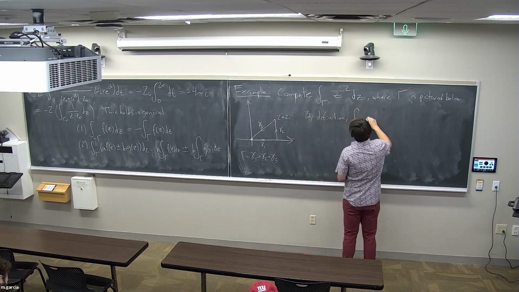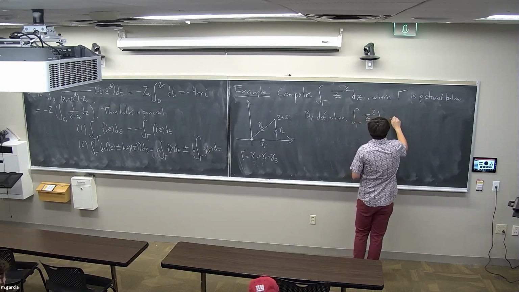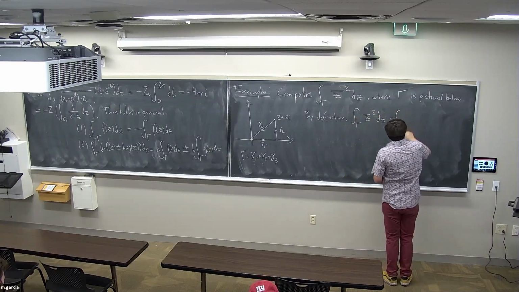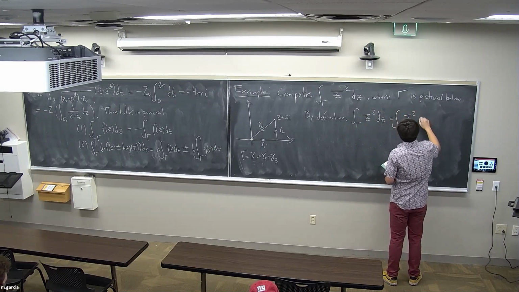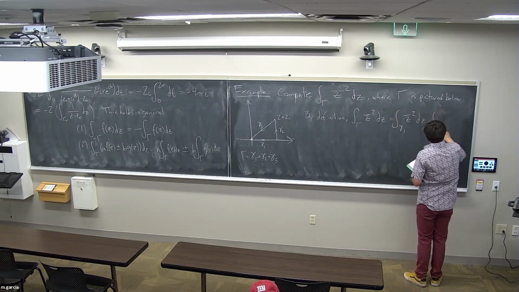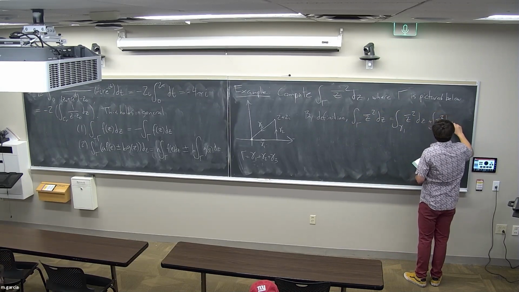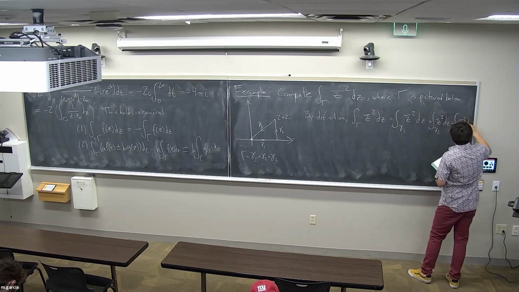The contour integral over gamma of z bar squared dz is equal to the integral over gamma 1 of z bar squared dz plus the integral over gamma 2 of z bar squared dz plus the integral over gamma 3 of z bar squared dz.